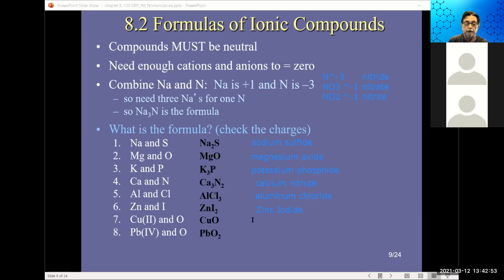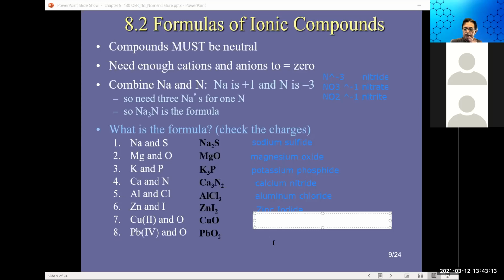What about now? Notice again, look at all the anions, the negative charges. All of them have the IDE. So that's the single element itself, the single non-metal by itself.